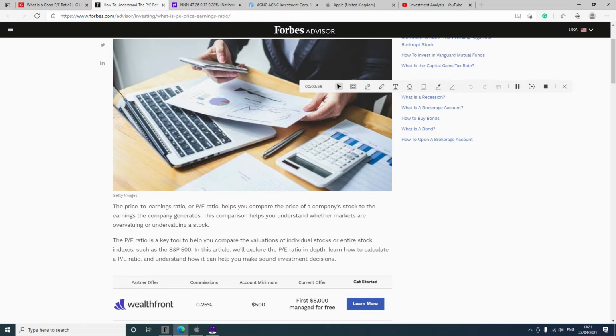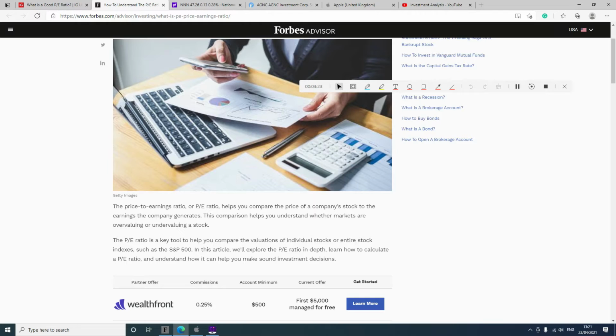Okay, I know you want to know how you can use PE to scan and pick stocks ASAP. Okay, let us consider two companies as our case studies, and let us use the PE ratio as a metric to compare the valuation of these two companies. Let us go to Yahoo Finance and have a look at the two companies' PE ratio.